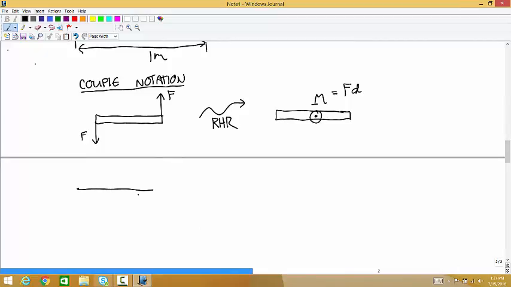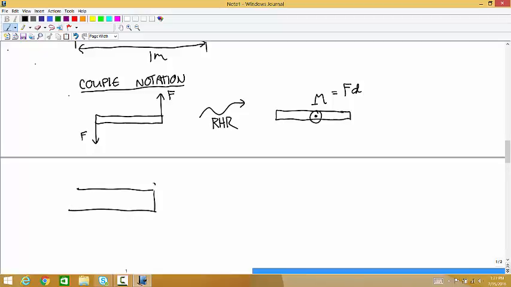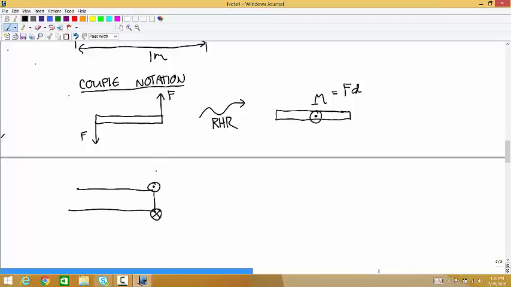If instead you have a force acting this way and a force acting this way, producing the couple, that has the effect of twisting this beam around its axis, okay? And the direction of the moment that it would produce is like this. And so as a vector, that moment is to the right of the page.